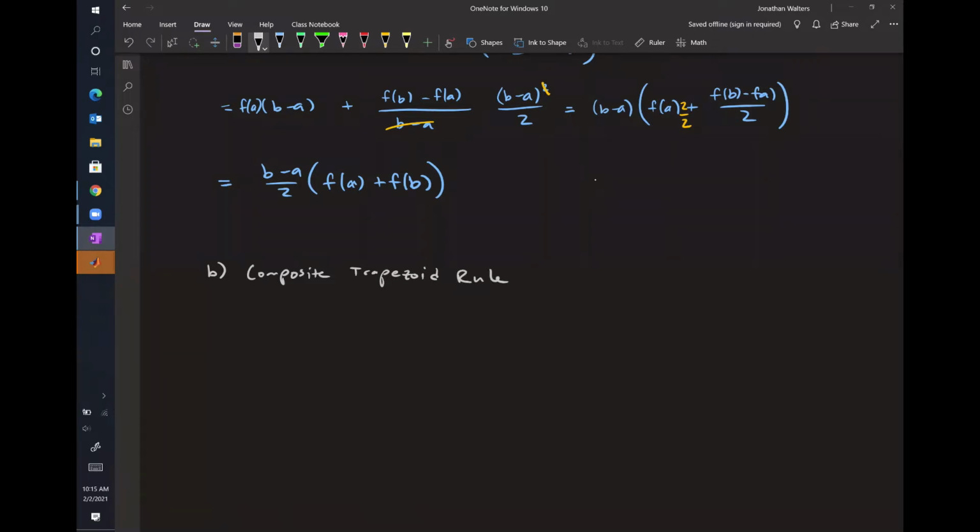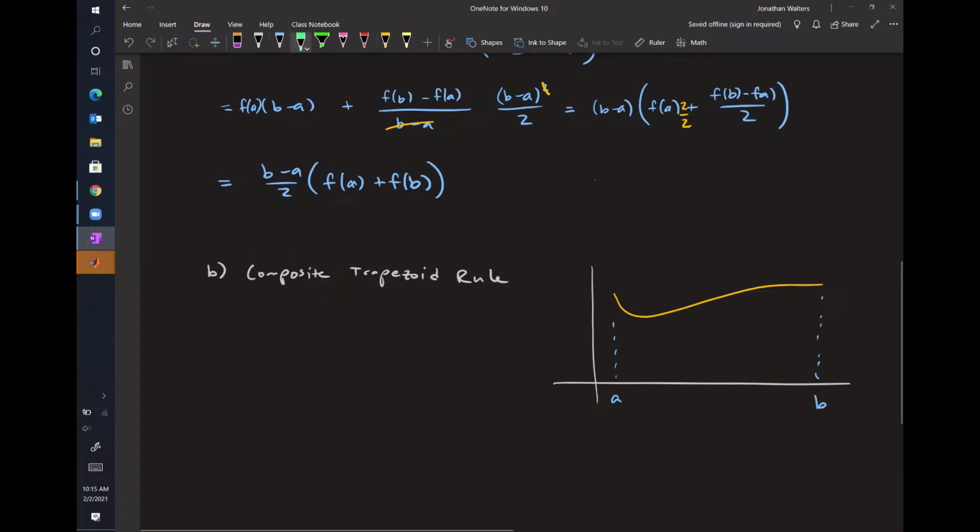So the composite trapezoid rule says take your function, f of x, over the interval AB, and cut it up into a bunch of little pieces. And interpolate linearly over each little subinterval.